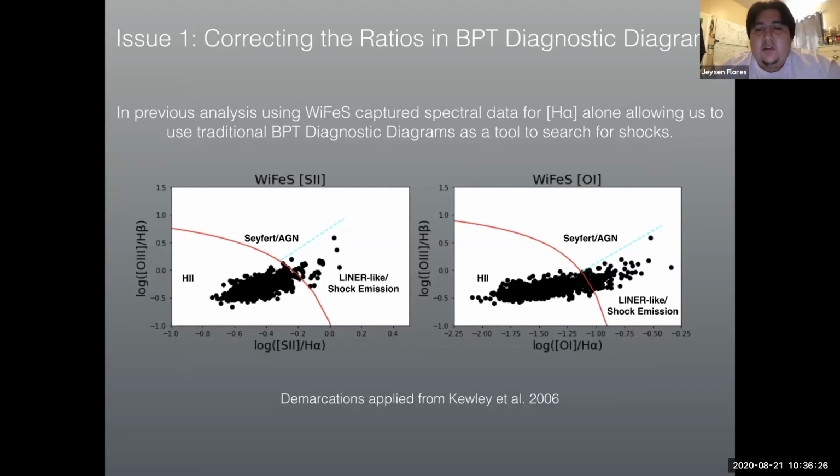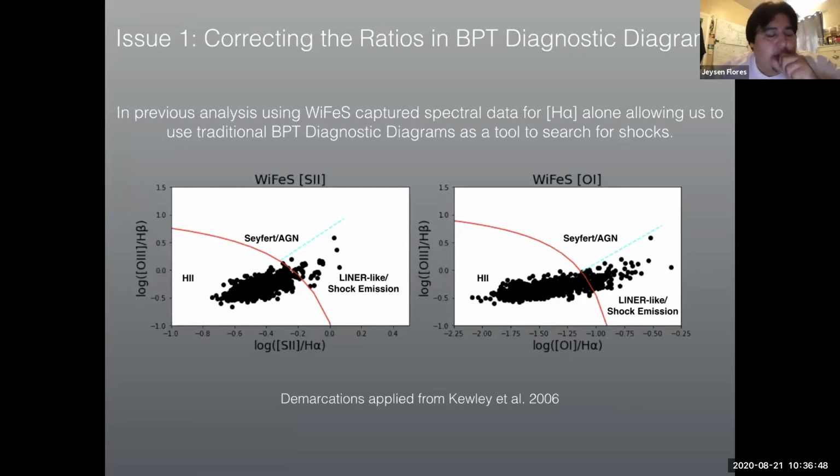What these plots allow us to do is search for the shocks in the interstellar medium of NGC 3256. The demarcations you see, from Kewley 2006, allow me to distinguish the ionizing mechanisms present in the interstellar medium.